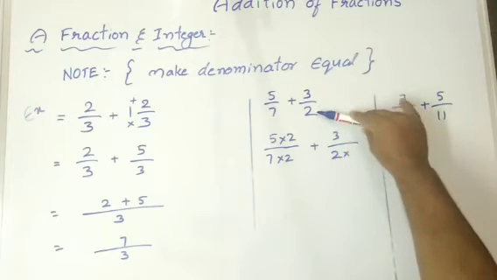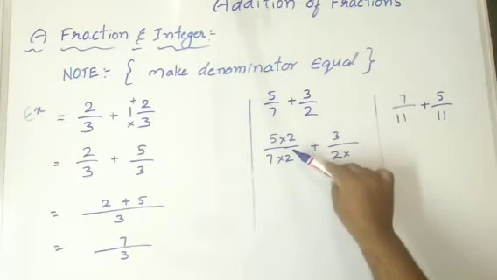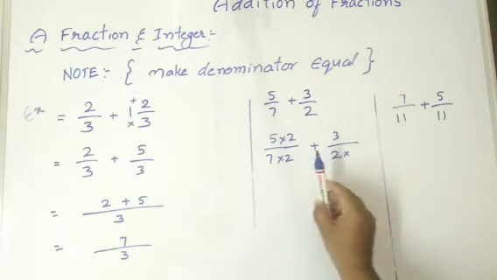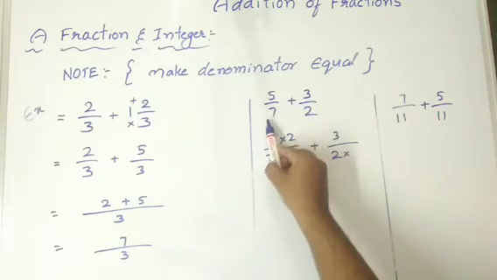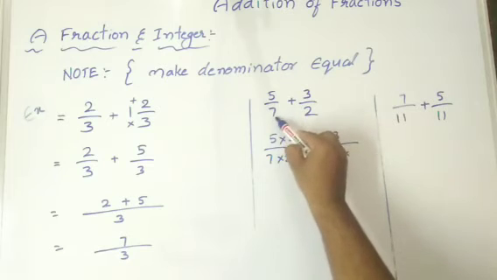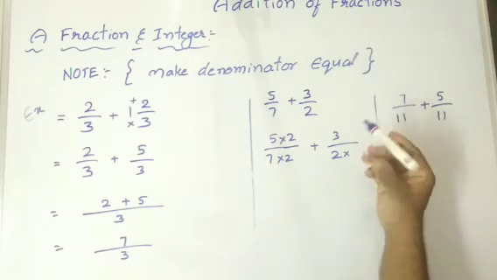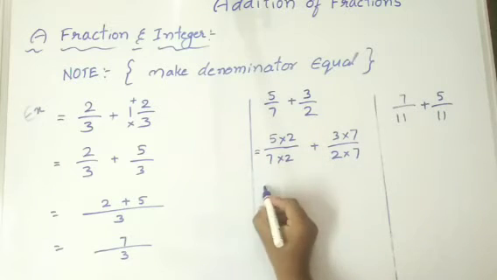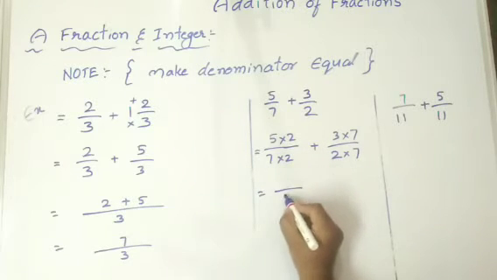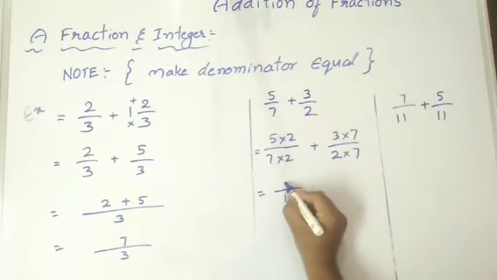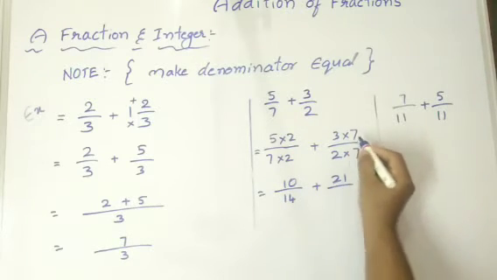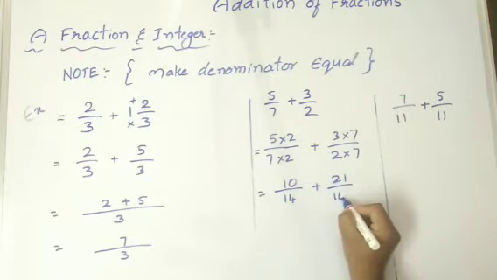Here the denominator is 2, so I am multiplying the first fraction by 2 and dividing by 2. For the second fraction the denominator is 7, so I am multiplying and dividing by 7. Now it becomes 5 2s are 10, and 3 7s are 21, over 14.